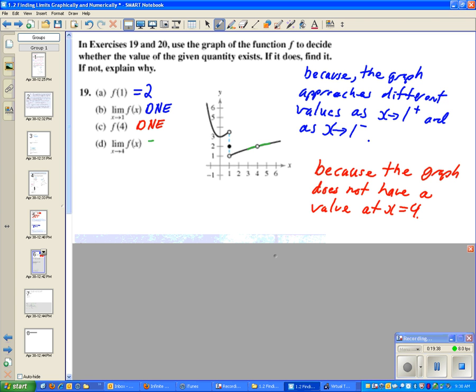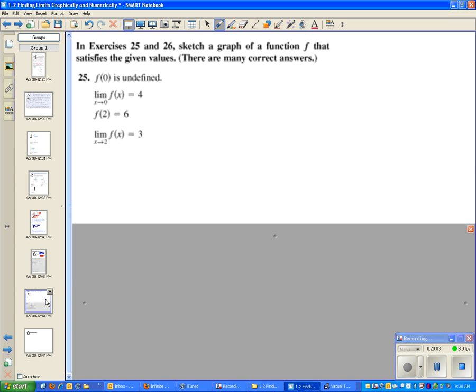So the limit equals 2. Any questions? All right, let's move on.